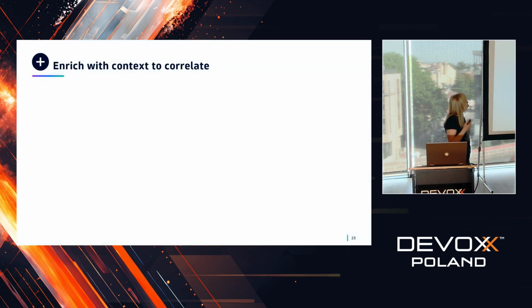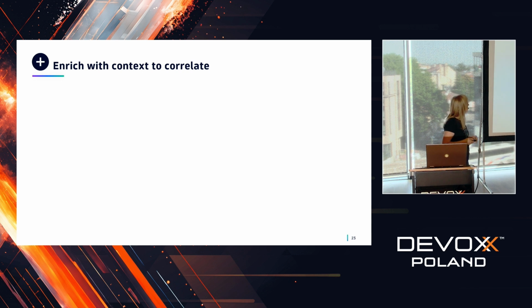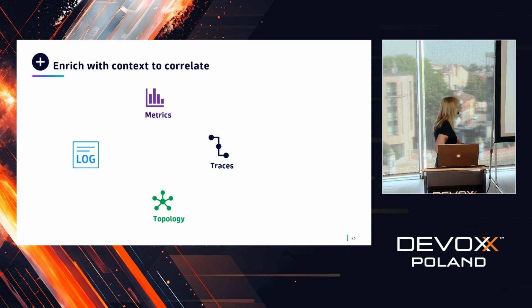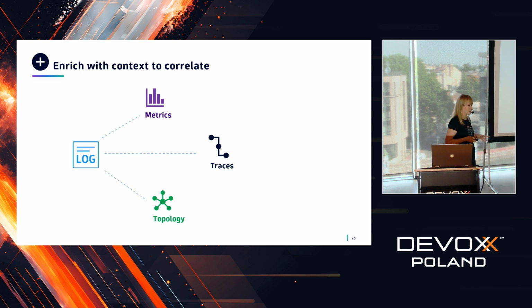Okay, so once we have identified our logs, we can think about enriching them. Logs can be connected with other types of observability data, and there are a couple of ways to do that. The first, very basic one, is just time-based correlation.